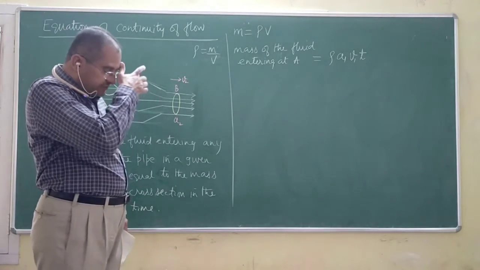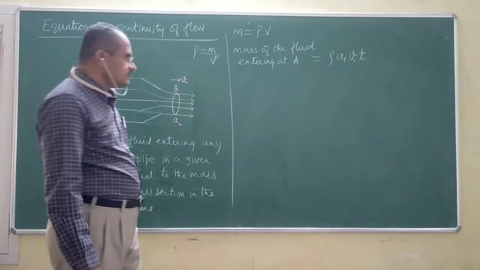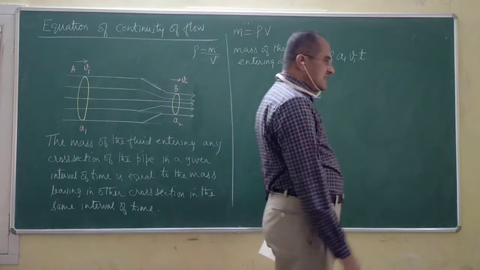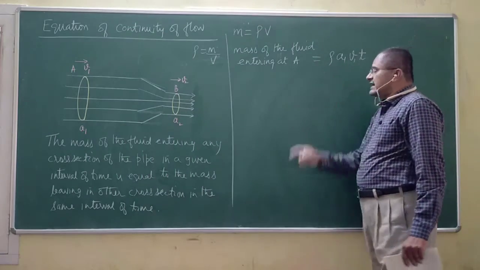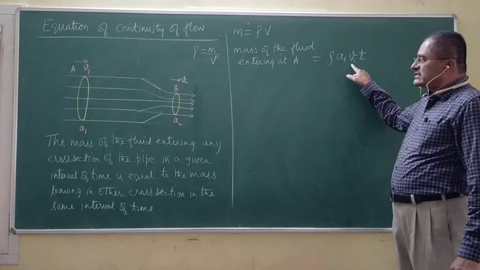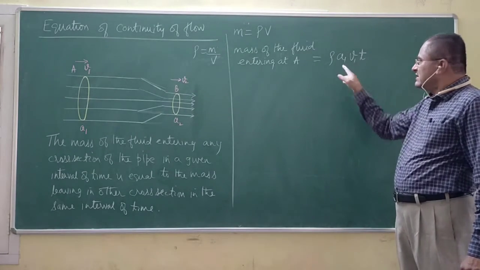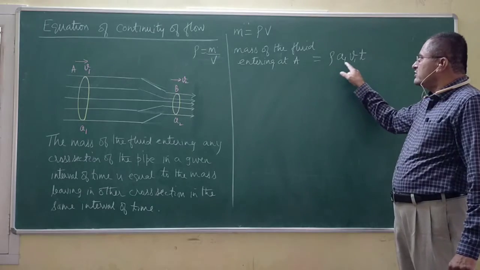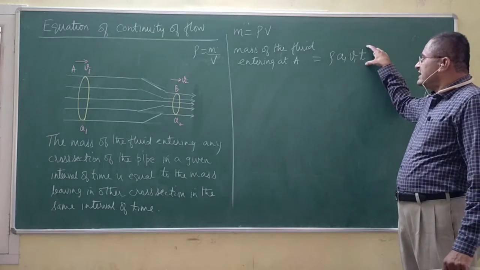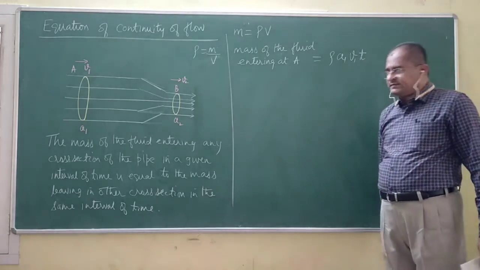Rho A1 V1 into t. Rho is density, A1 is area, velocity is length per second, area into length is volume, rho into this will give you mass, and this happens in a time t.